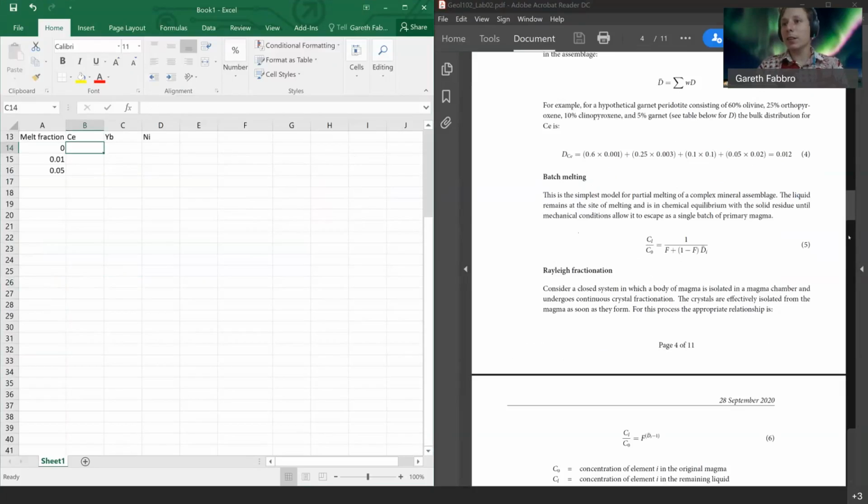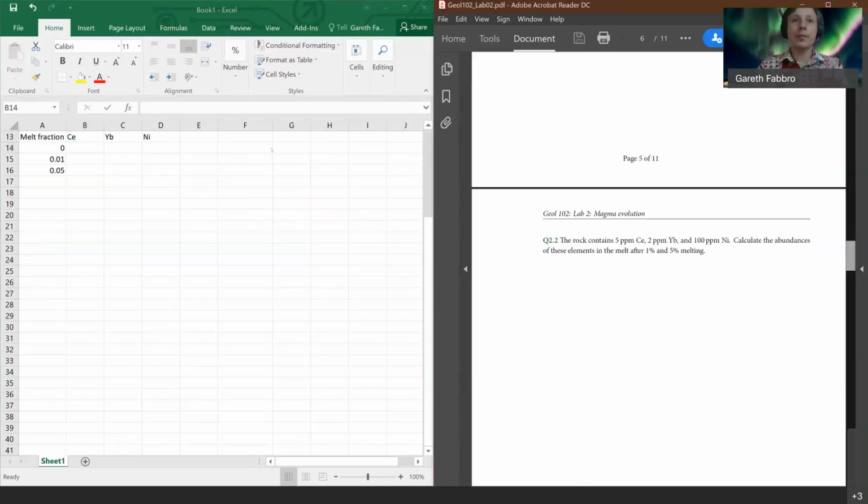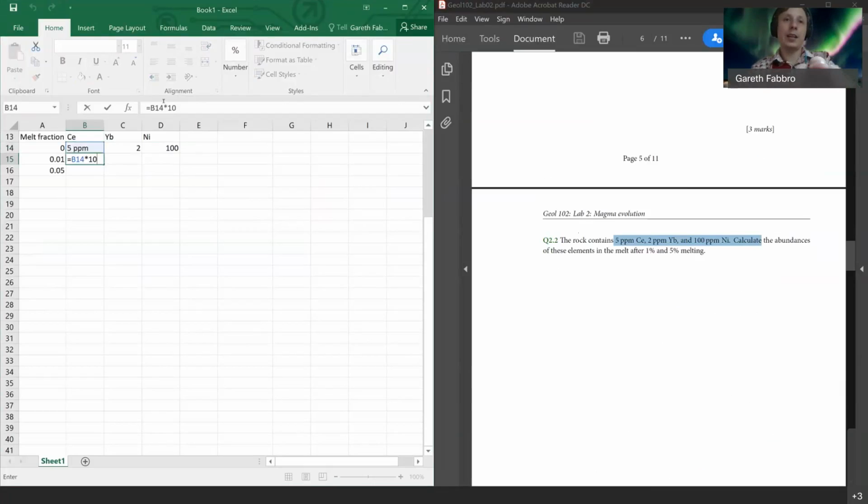So we can put those in here: 5 cerium, 2 terbium, and 100 nickel. And if you're using Excel or something, if I put 5 ppm, for example, and then tried to calculate something with that, maybe times 10, it's going to come up with an error. So you can't actually put your units in, because it will think it's text.